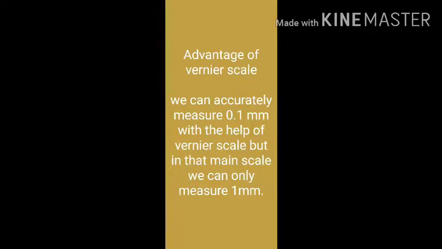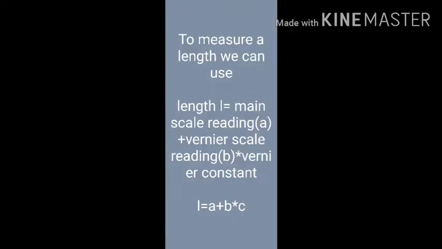How can we use Vernier scale? To measure the length, we use length L is equal to main scale reading A plus Vernier scale reading B into Vernier constant C, that is L is equal to A plus B into C. This is how we can find the accurate measurement of a length.